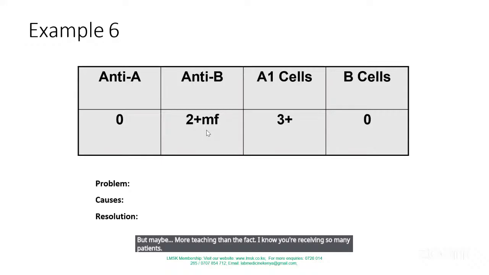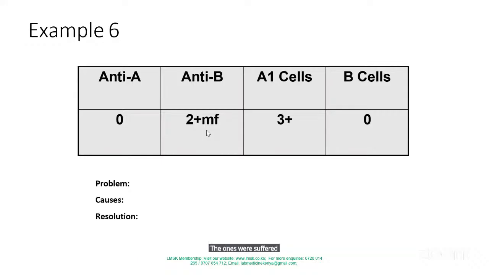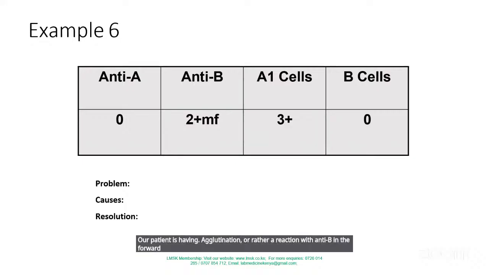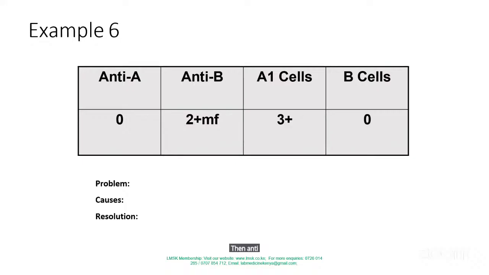The ones who are suffering from cancer, including Hodgkin lymphoma, you are likely to meet this kind of discrepancy. The ones who have received a transplant, the ones who have just received a transfusion. So according to this, our patient is having agglutination, or rather a reaction, with anti-B in the forward typing. Then with anti-A, there is no reaction.